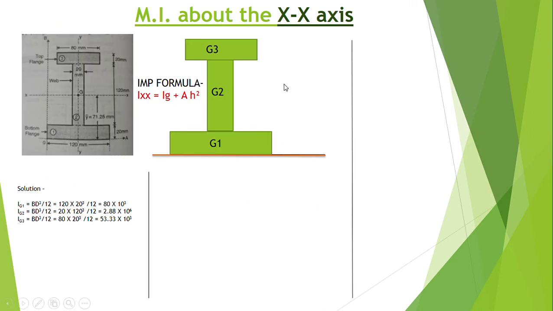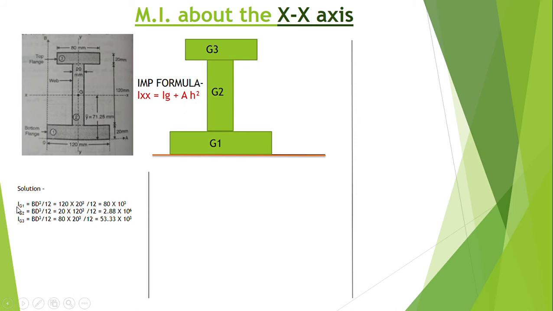So let's start. Here, as we observe, I write and underline the x-axis in a bold manner. Now if you divide this I section into three parts, the base part, the middle part and the top part, I write G1, G2 and G3 as the CG of these parts respectively.